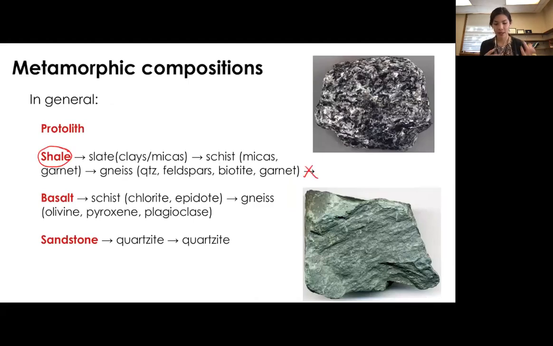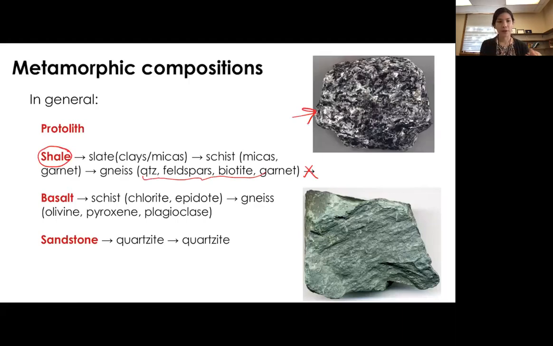Right? So there's kind of this expected sequence based on the original chemistry of the shale. So if we see a gneiss that contains mostly quartz, feldspars, biotites, and garnets, then we know that likely came from a shale. So this rock in the upper right likely had a shale protolith.